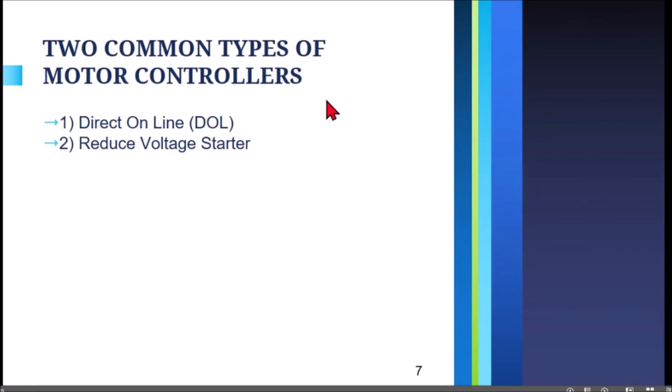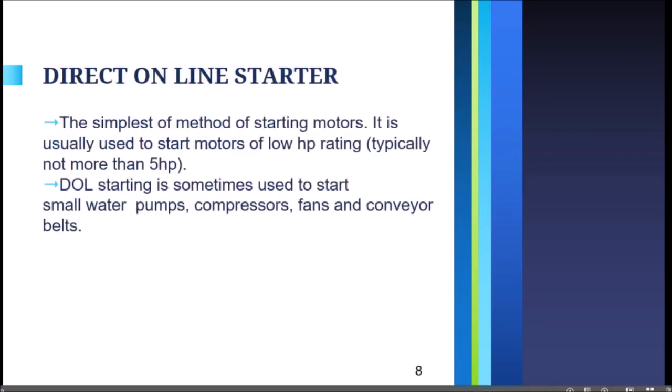Okay, so we have two common types of motor controller. First we have the direct online, or the DOL, and we have the reduced voltage starter. The direct online starter is the simplest method of starting motors.